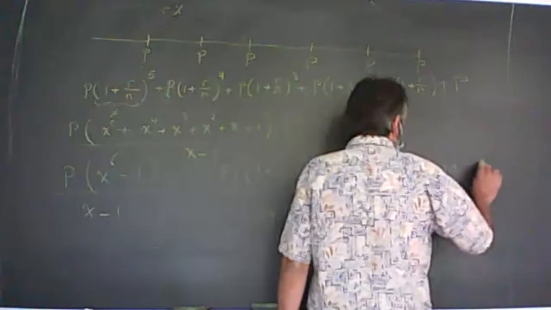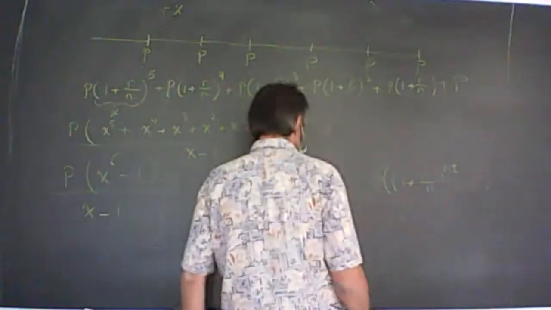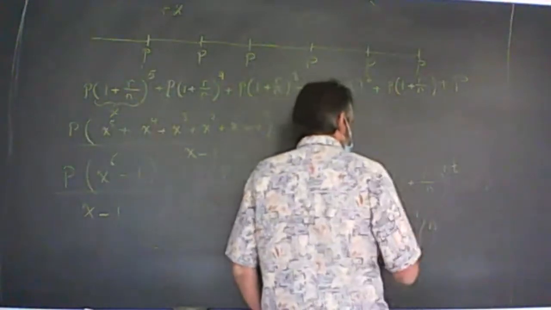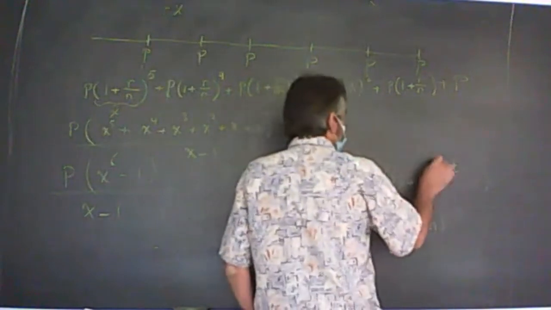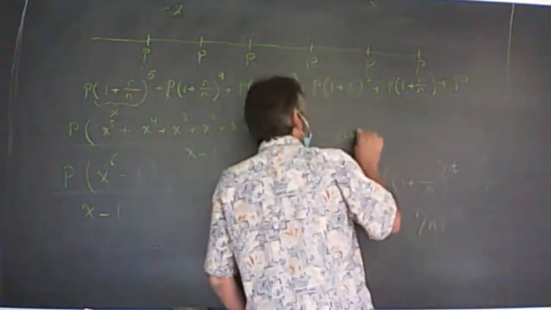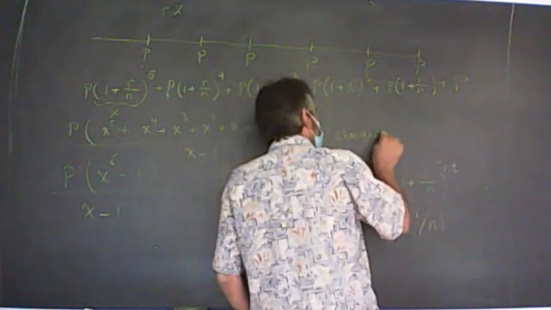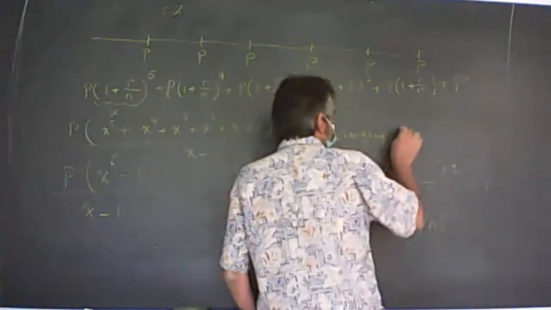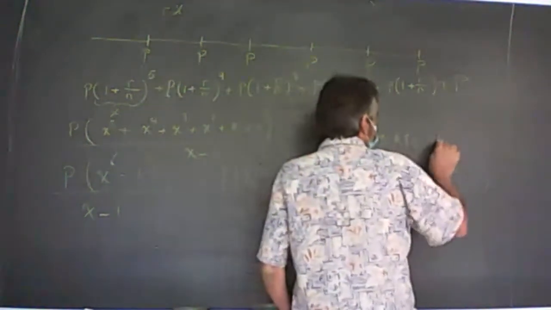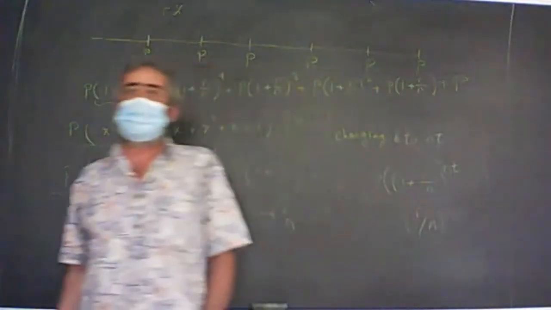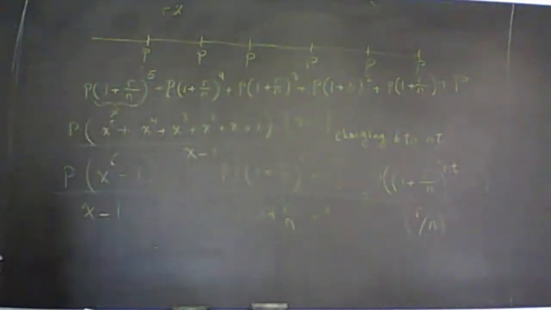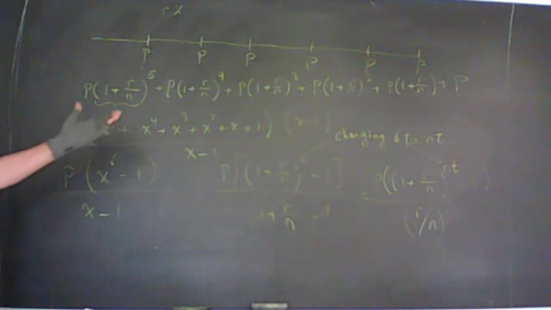Minus 1 over R over N. 6 is NT. That's exactly what 6 is. 6 is number of compounded periods times the years, which in this case, N would be 12 because compounded monthly, yeah.